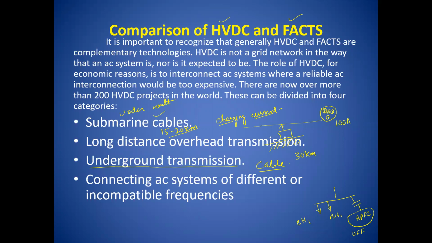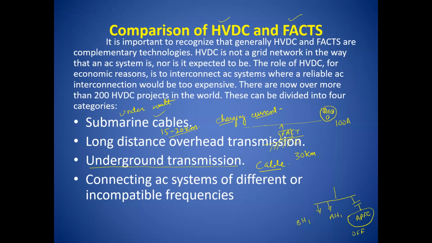So underwater, what is the drawback? Because of the water, it is not possible to erect the FACTS controller, isn't it? Because it needs some land, it needs some station. So it is not possible in water. Therefore, for submarine cables, HVDC is good.